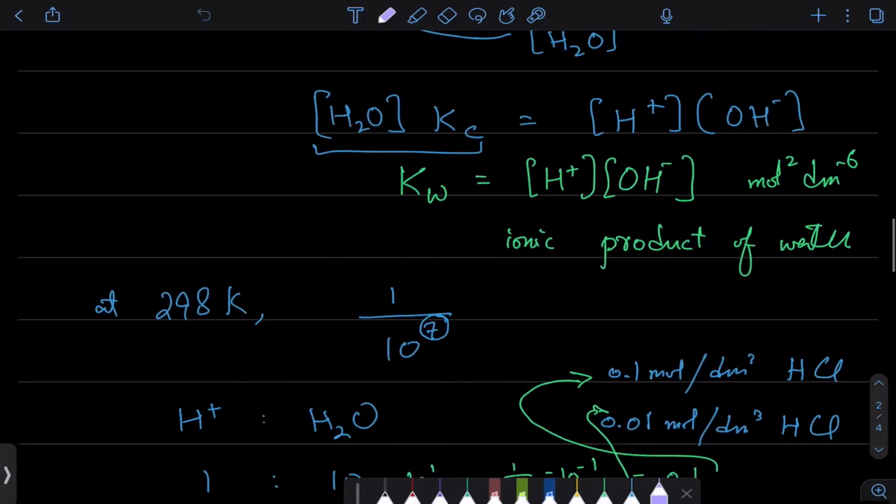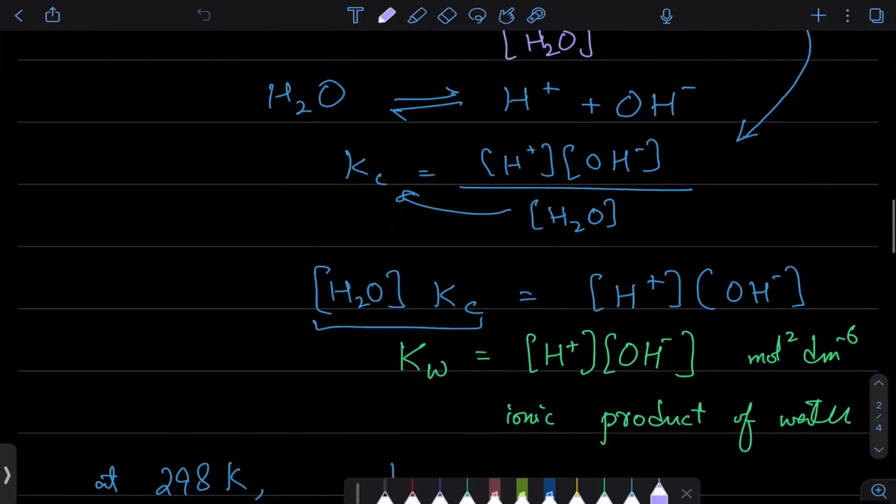We also talked about ionic product of water, and this is where we left off last night. That ionic product of water is basically the multiplication of the concentration of H positive and OH negative. Now, because it's an equilibrium, the only thing that can disturb this is any external influence or temperature.